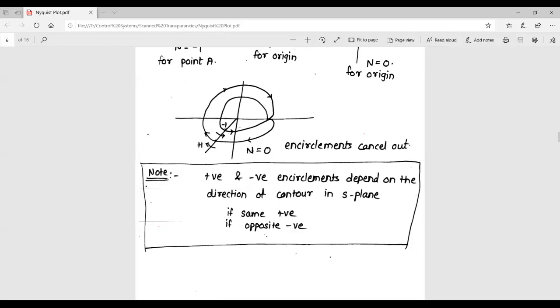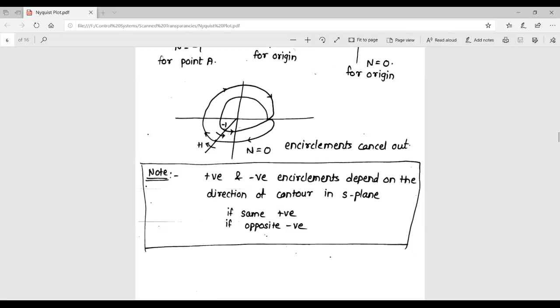We need to draw a line joining the point about which we are counting encirclements up to the point outside, or up to the portion outside the closed path or contour. And then we need to calculate how many times it is crossing that path, and the direction will depend on the original contour and the contour in f of S plane.